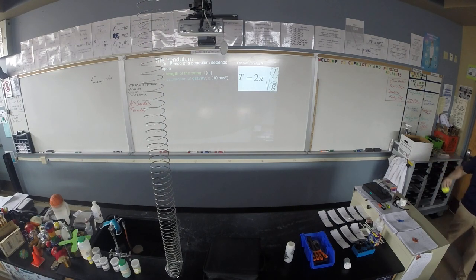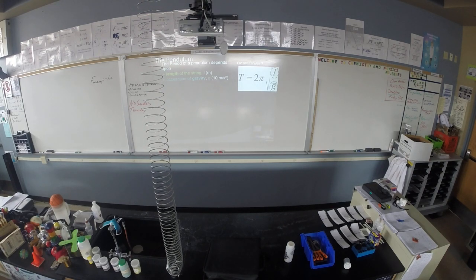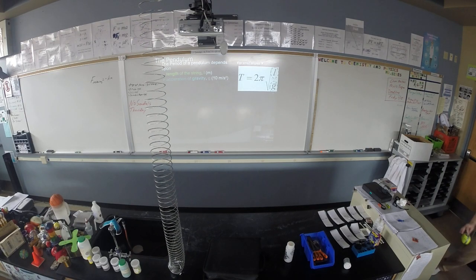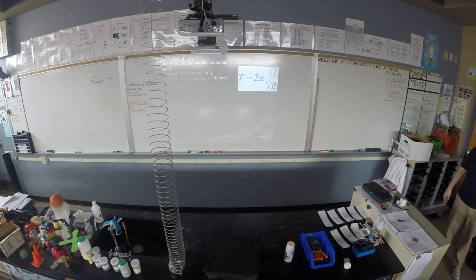Okay, let's go back to our equilibrium point. If I have a simple pendulum and I let it swing like this, does this have the same period as a pendulum with a bigger amplitude?